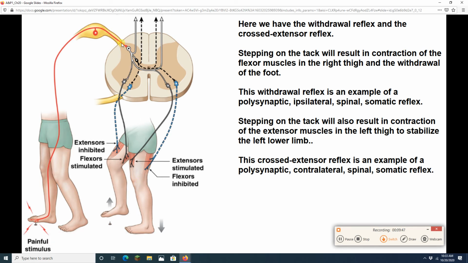And we can see in a contralateral reflex, our interneuron has to switch sides. We have an interneuron which makes this reflex polysynaptic as well. All right, so now we've got a third reflex we've added. We did stretch reflex, withdrawal reflex, and the crossed extensor reflex.